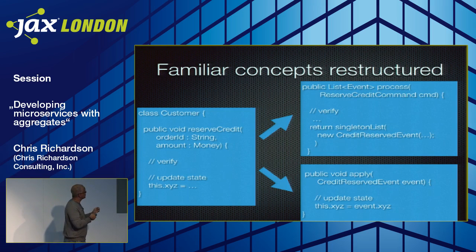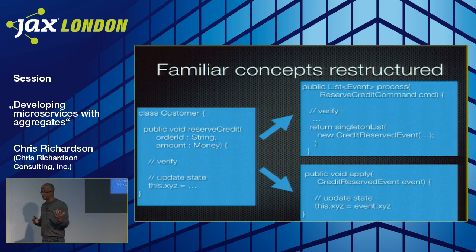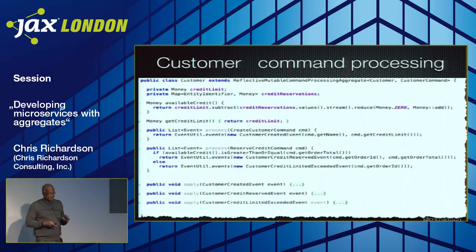As you'd expect, we need to generate events because they're saved in the event store, and we need a mechanism to apply the events in order to reconstruct an object when we load it from the event store. So here's the actual code, which I have no idea whether you can read at the back.